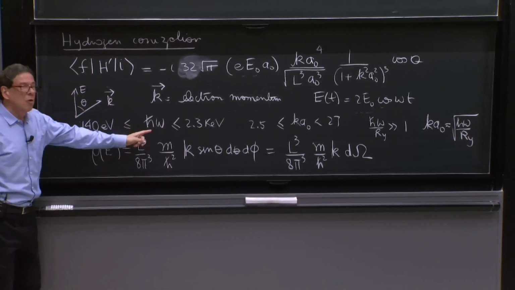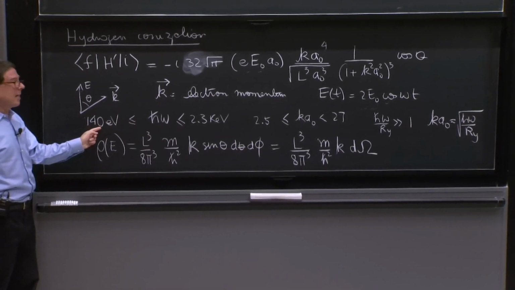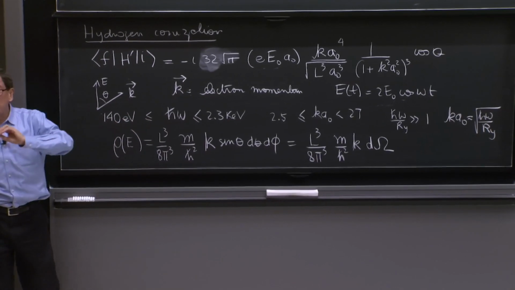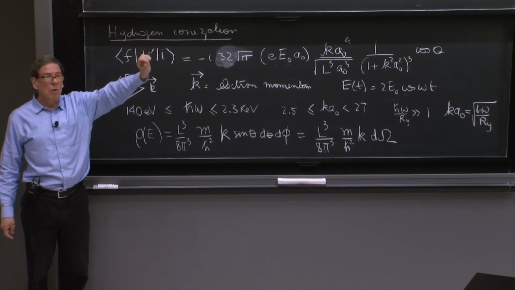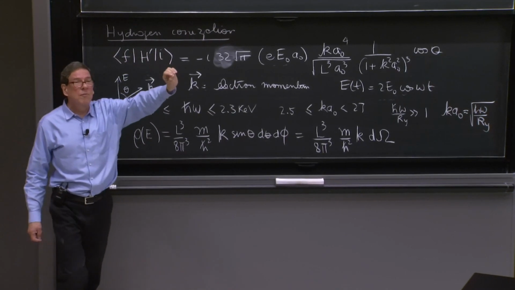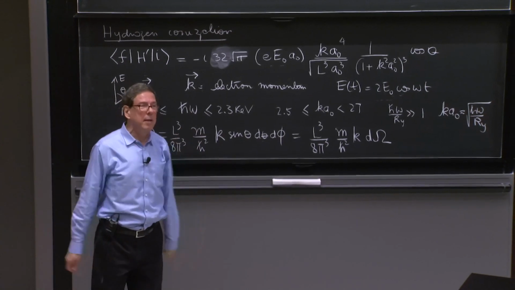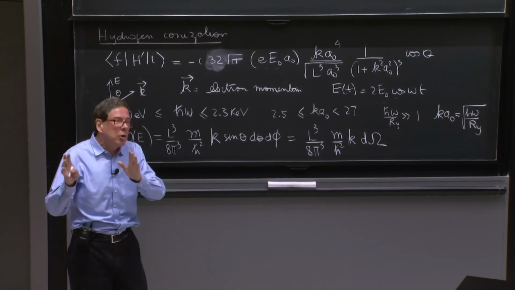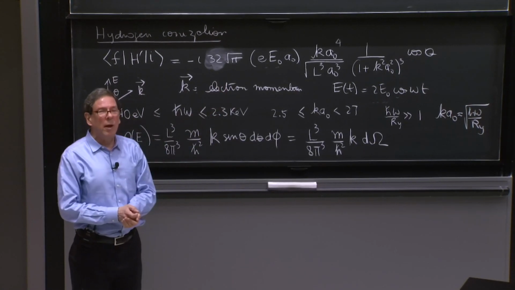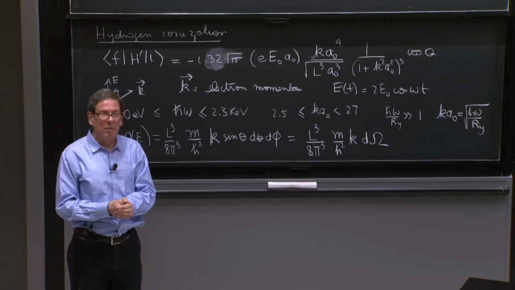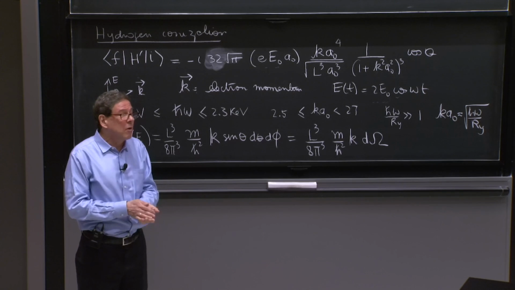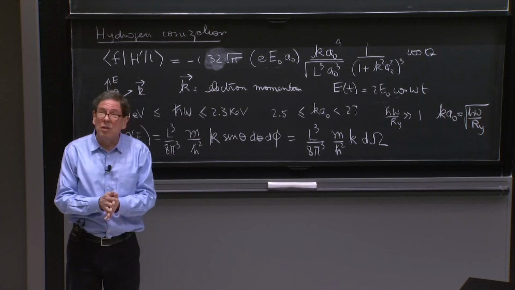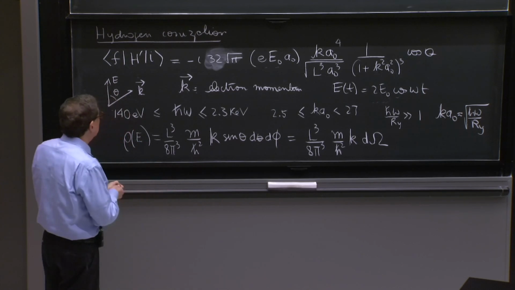And we also took photons to be energetic enough that when they would ionize the atom, the electron that would go out would not be too affected by the Coulomb potential, and we could treat it like a free plane wave to a good approximation. Otherwise, you would have to use more complicated wave functions associated with a hydrogen atom.